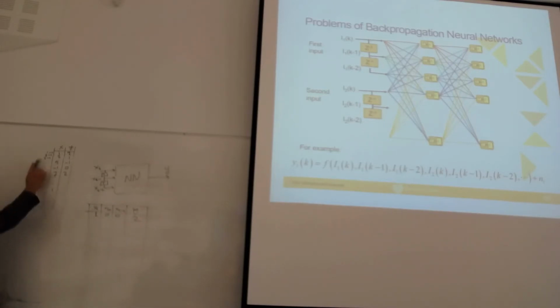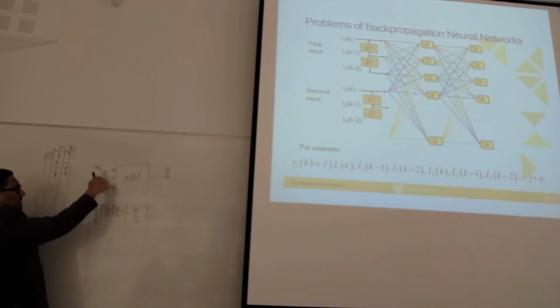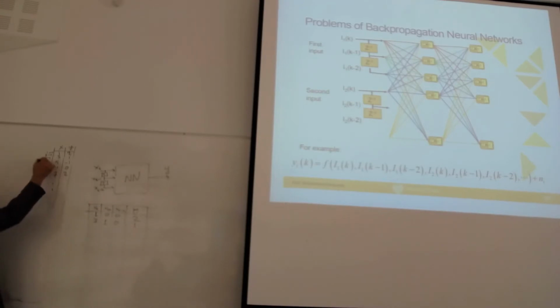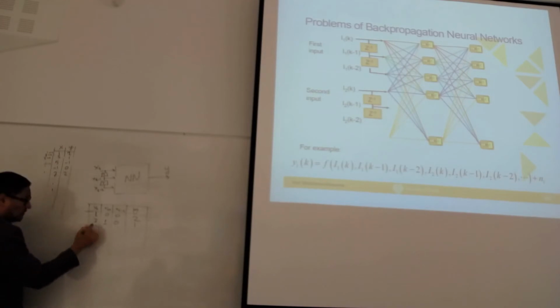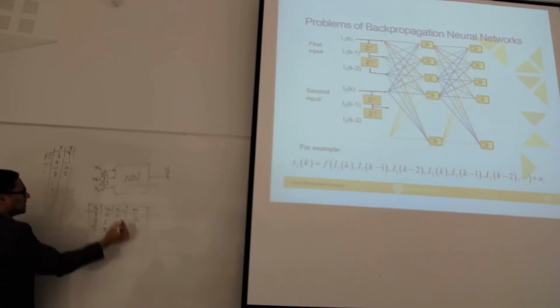Then, in the second situation, xt will be 3, and the 1 will be shifted to the second input, and then I have 0, and the output will be 1. The third input is 5. So 3 will be shifted one step, and 1 will be shifted another step, and the output is minus 1.